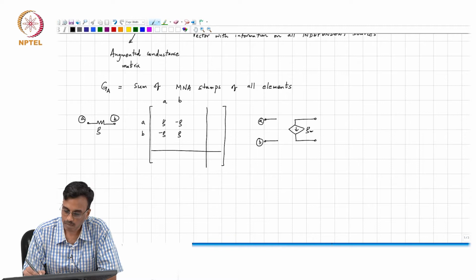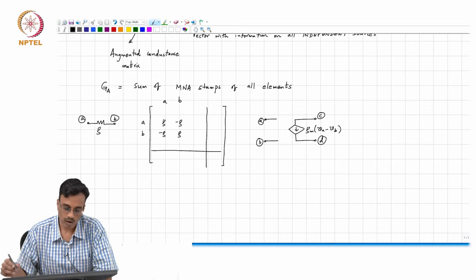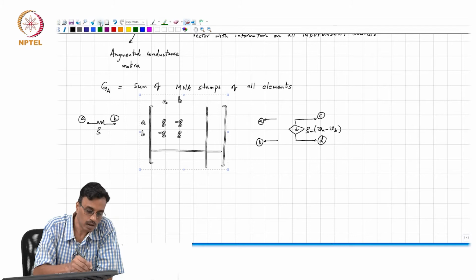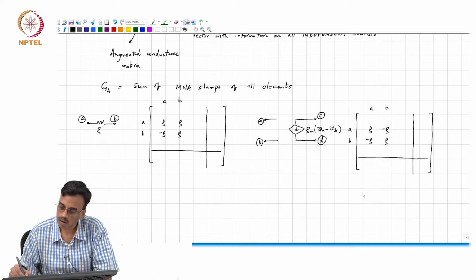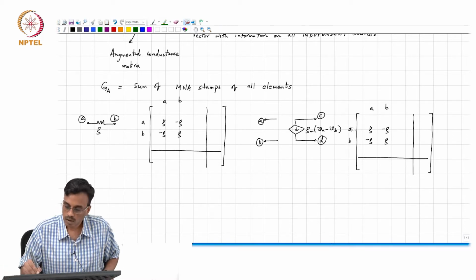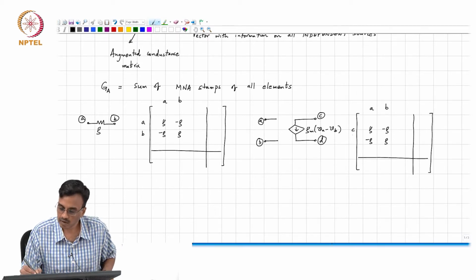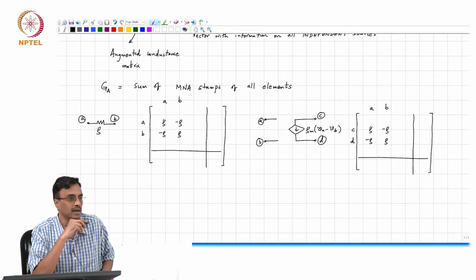Let us call this Gm times Va minus Vb. How does the stamp look? The only thing that changes is this becomes C and D. Is that clear?